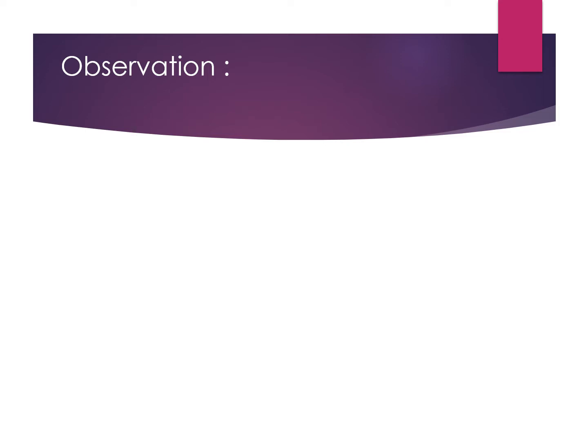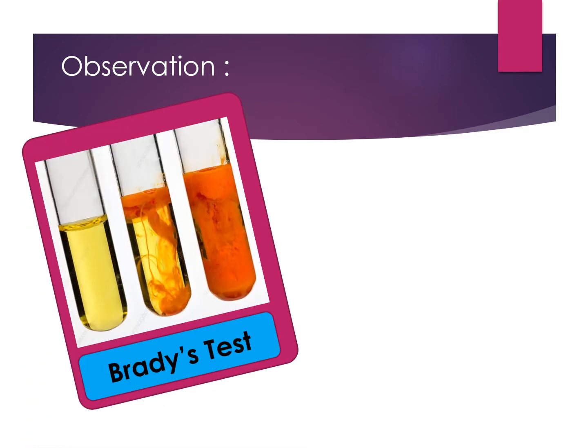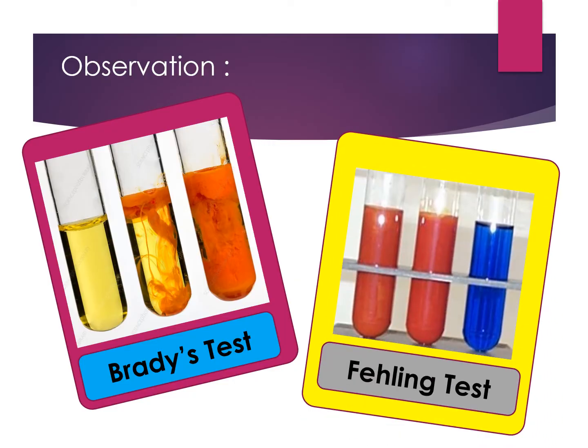Now have a look at this observation. The different colors show that the positive result for Brady's test is orange precipitate. For Fehling's test, there is a brick red precipitate for the positive results.